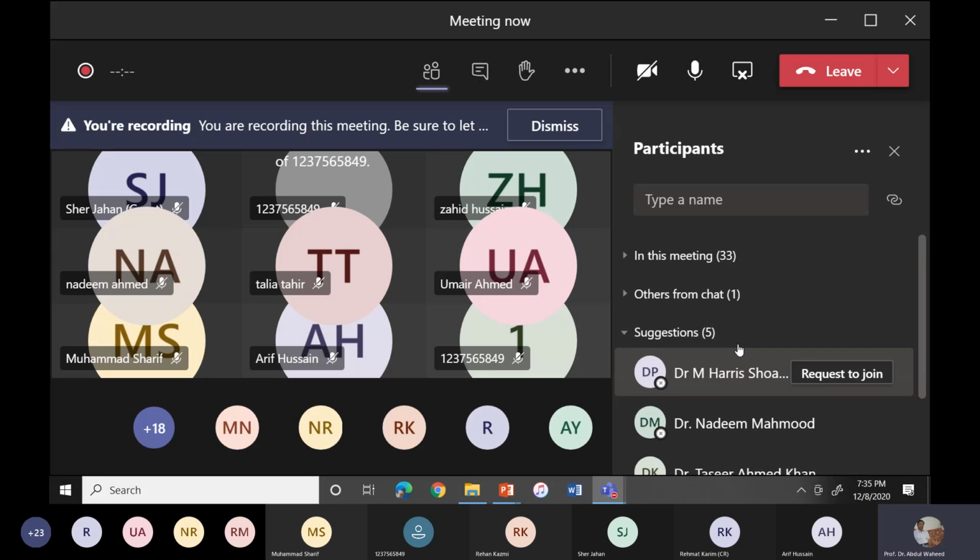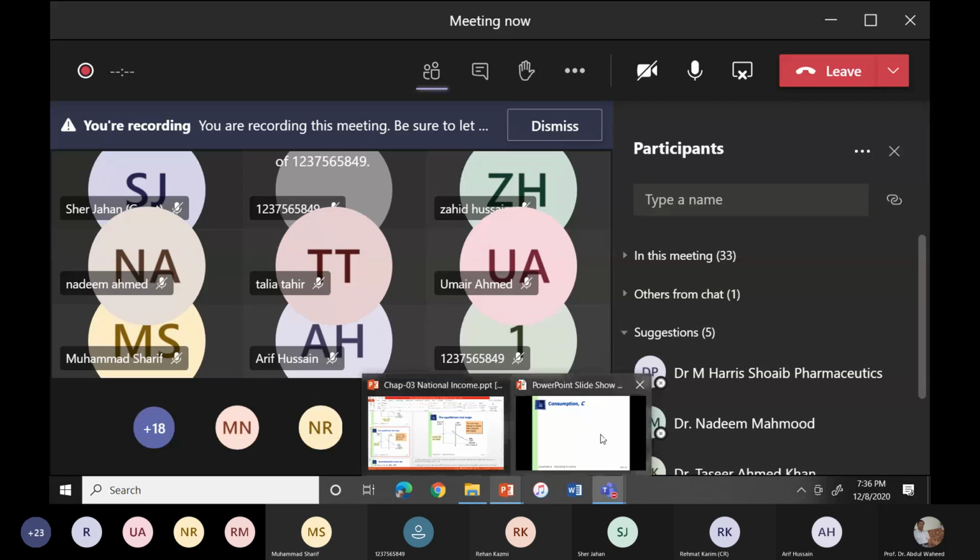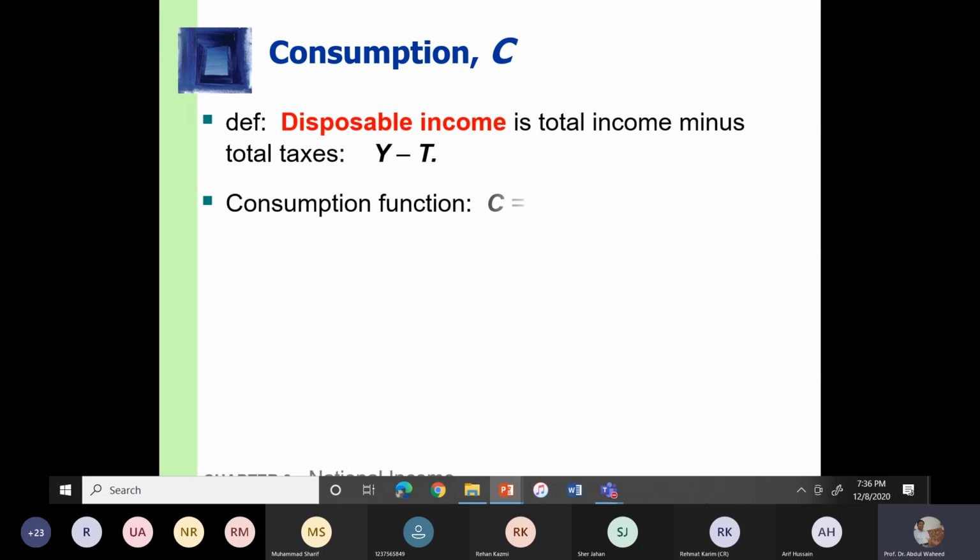Then consumption, we make expenditure. Do you remember on what types of goods we make expenditure? Anyone knows? We make expenditure on durable goods, non-durable goods, and services.